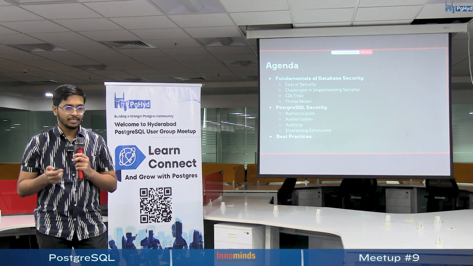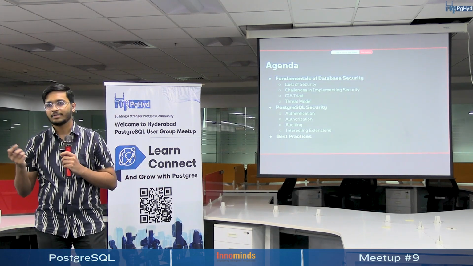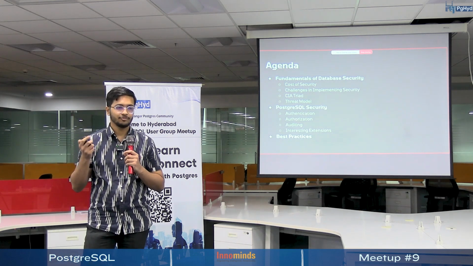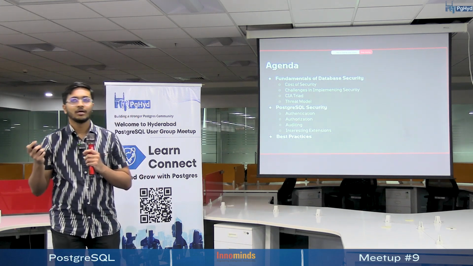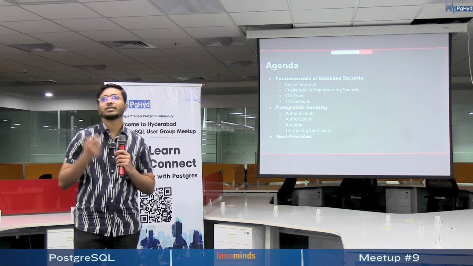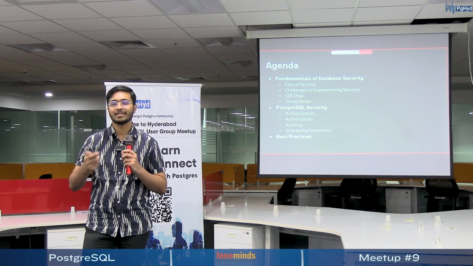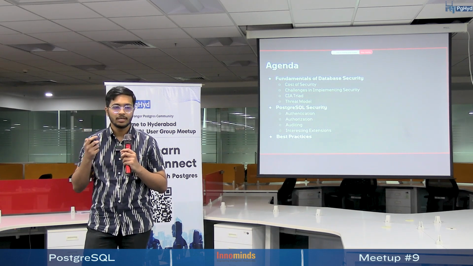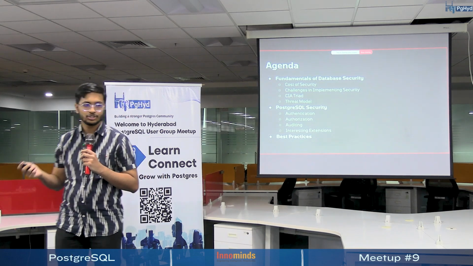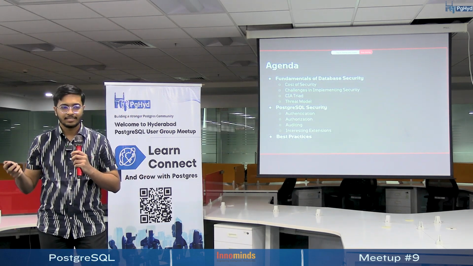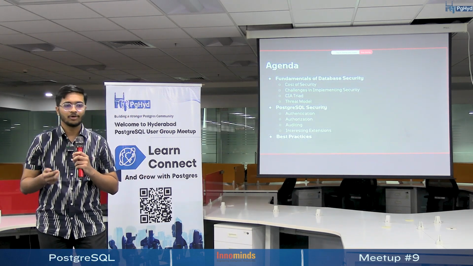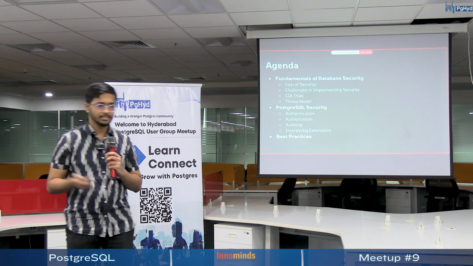So the agenda for the talk: first, I'm going to talk about the fundamentals of database security. Over here I'm going to talk about what exactly the cost of adding security is, and what kind of challenges you're going to face when you're implementing security in your applications. What is the CIA triad? It's a model that we use, and how exactly do we go about threat modeling this?